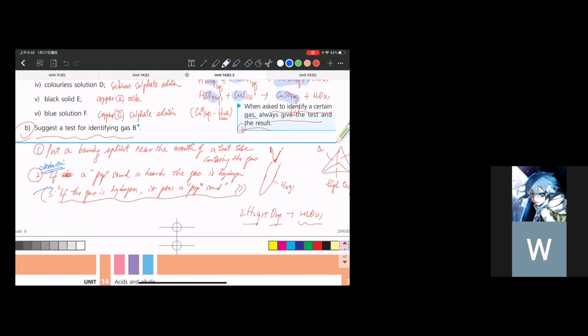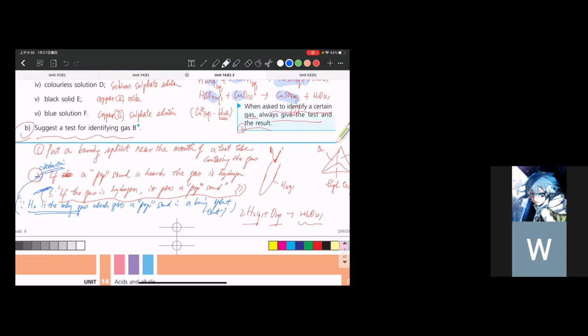So here it must be hydrogen. Yes, so hydrogen is the only gas which gives a pop sound in a burning splint test. So that's why, because of this statement, you will make this deduction.